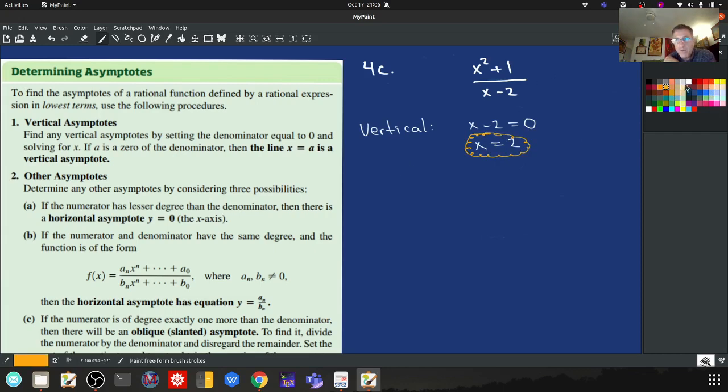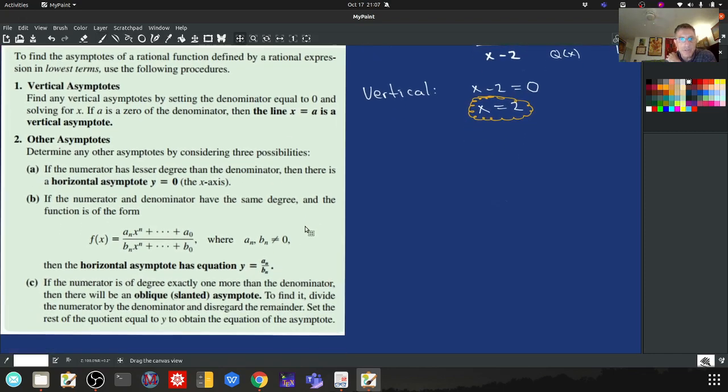But now, if we think about this, that's P(x) over Q(x). P(x) is a degree 2 polynomial, and Q(x) is a degree 1 polynomial. So we have to go to the very bottom condition.